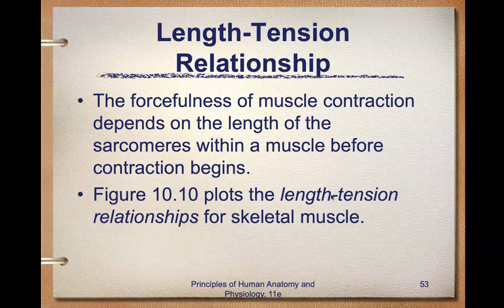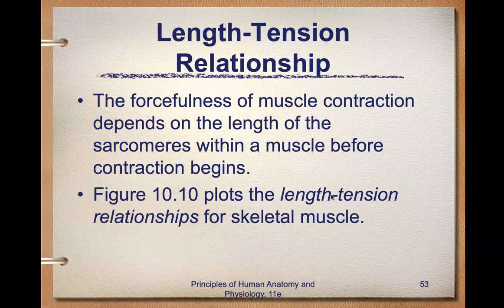Okay, so we're going to go ahead and talk a little bit about this length-tension relationship. When we talk about muscle contraction and the force of muscle contraction, it depends on the length of the sarcomeres before muscle contraction begins.